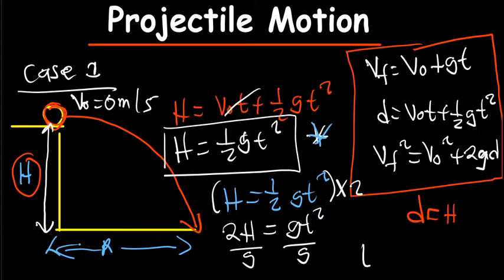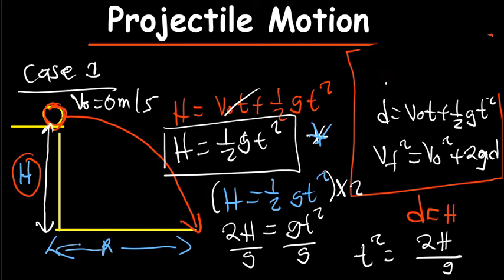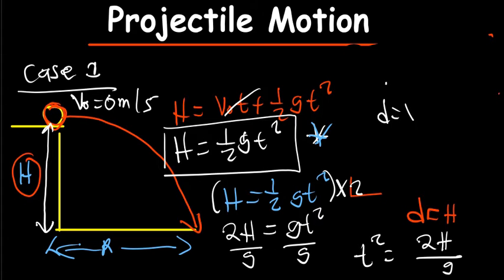This is the most important formula which I want you to know. I believe you will never write your exam or your test without using this formula. We are trying to make t the subject of the formula.